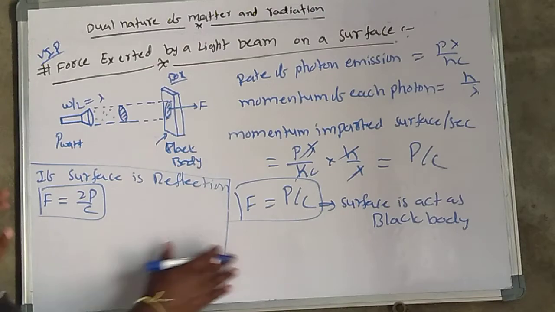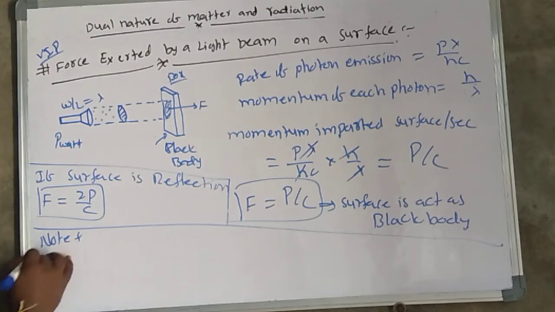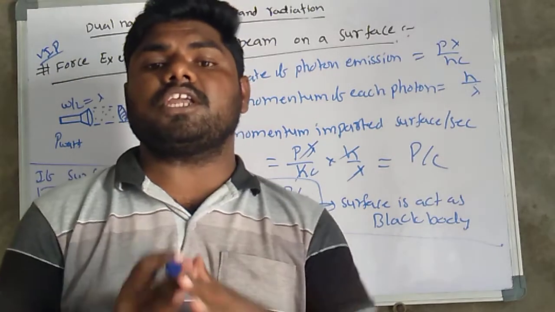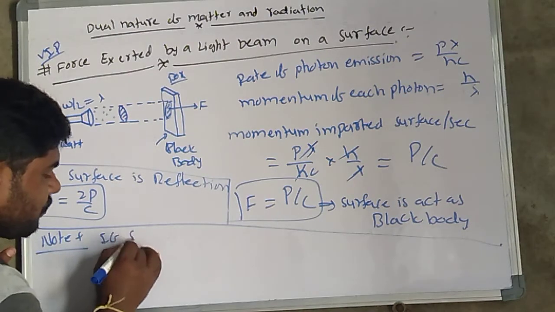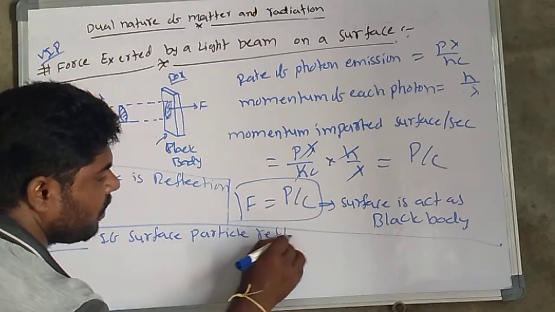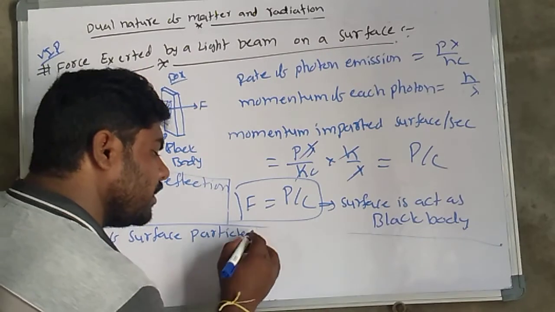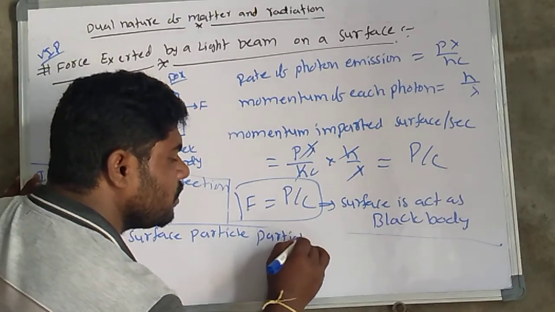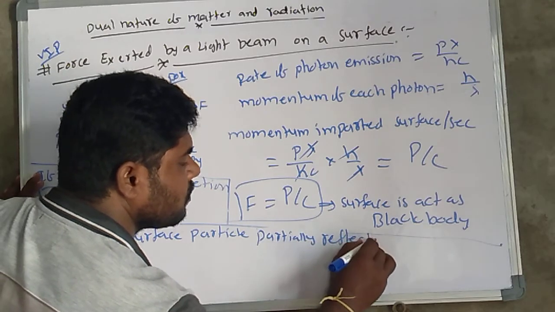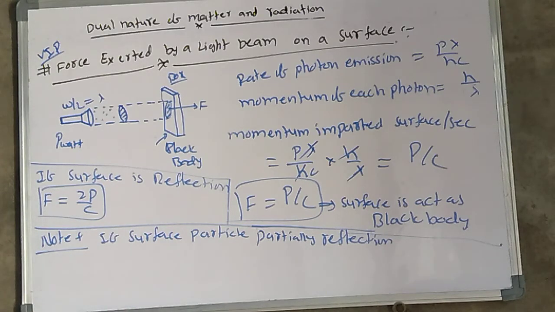One more note point. If the surface is partially reflecting, it means some part is reflected and some part absorbed. Transmission is nothing but a black body.